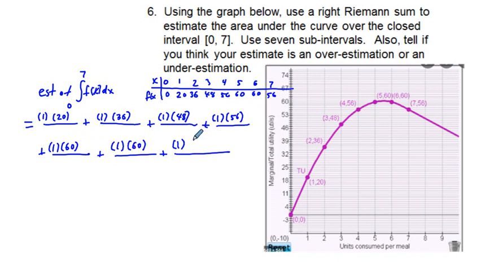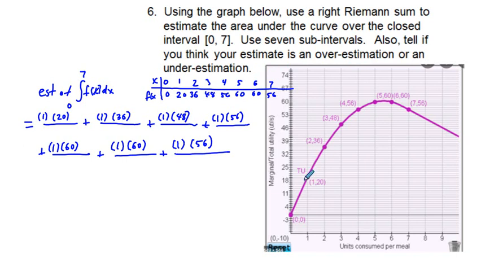And finally 1 times 56. It doesn't give what the units are, so this would be a right answer. Now, the last thing, tell if you think your estimate is an overestimation or an underestimation.